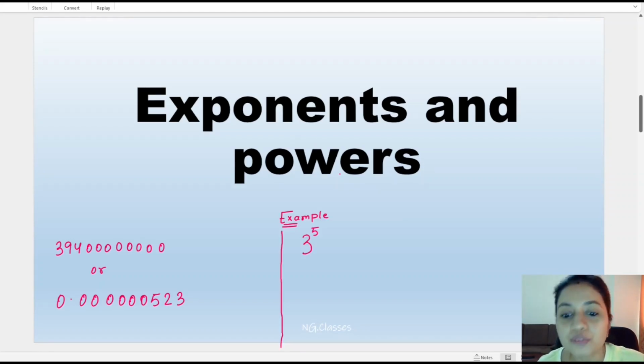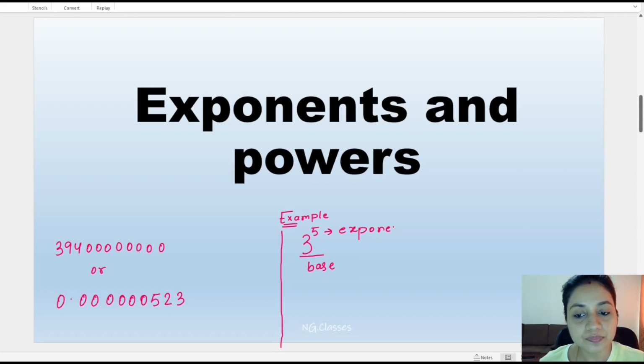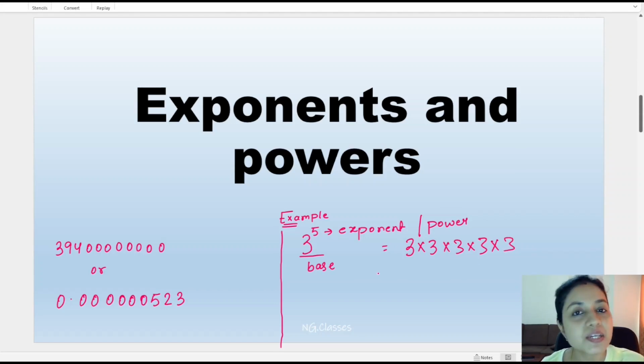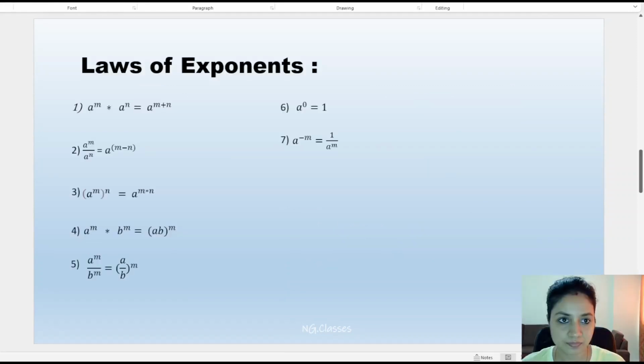As you already know, when we are having a number like this, 3 to the power 5, here 3 is called the base and 5 is called the exponent or power. We can write it as 3 times 3 times 3 times 3 times 3. Here 3 is repeating itself 5 times. So let's start the discussion in detail.